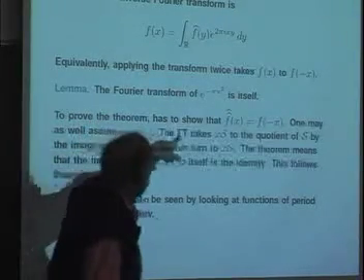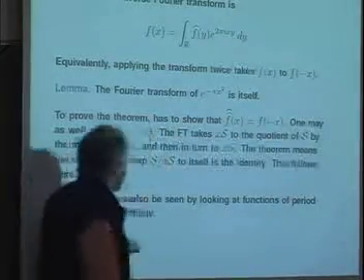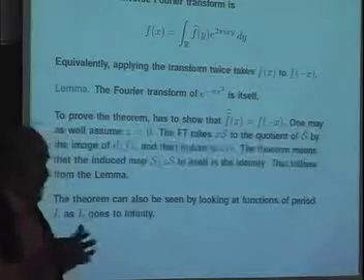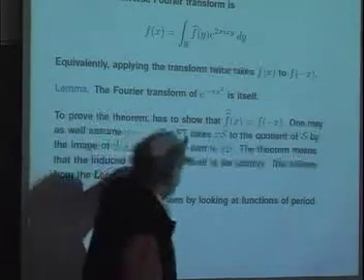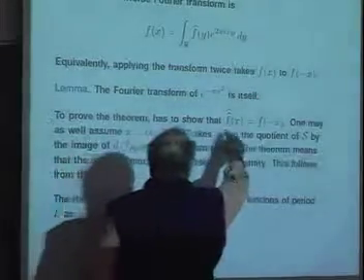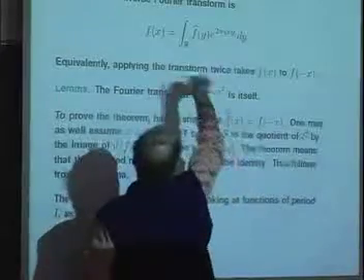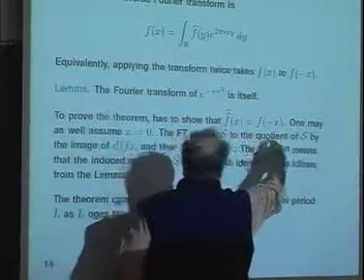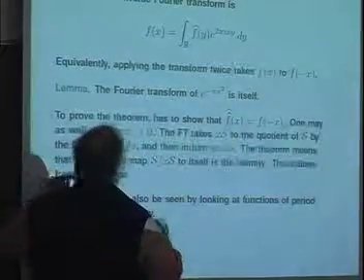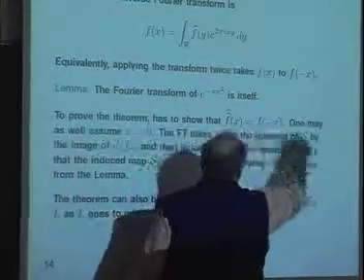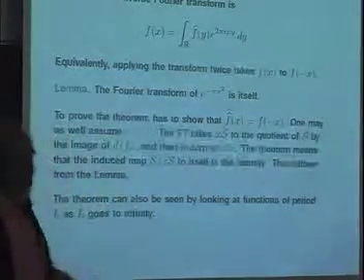To prove the theorem, you have to show that f hat hat of x is f of minus x. It turns out that you can replace f by a shift, and you might as well take x equals 0. The Fourier transform takes multiplication by x on the Schwartz space to a derivative, so it takes xS to the image of S by d/dx.